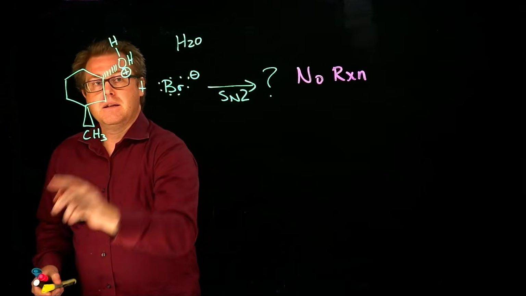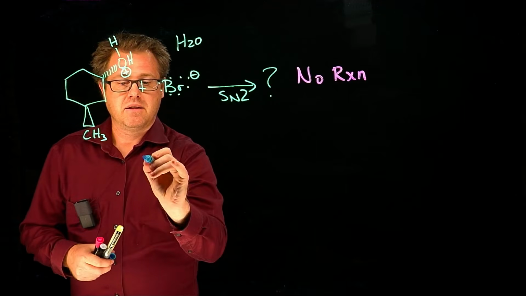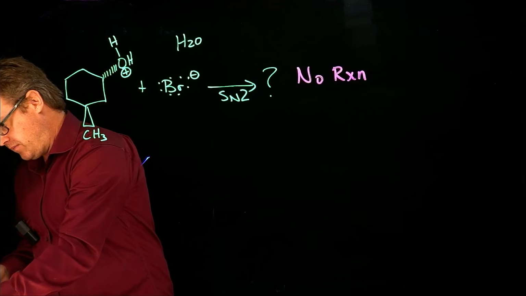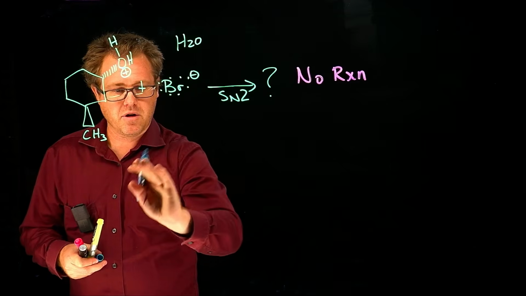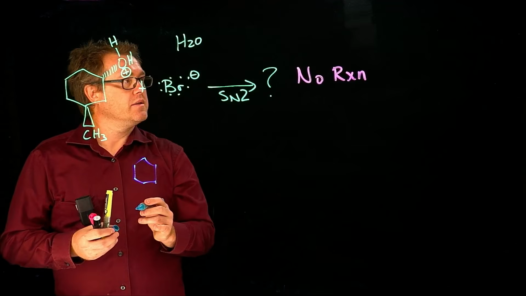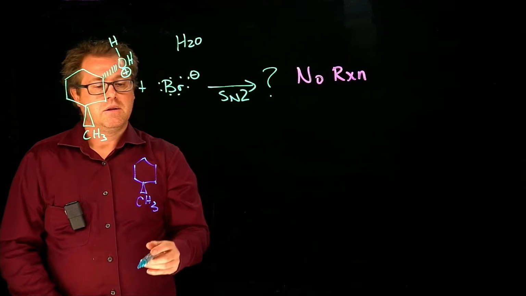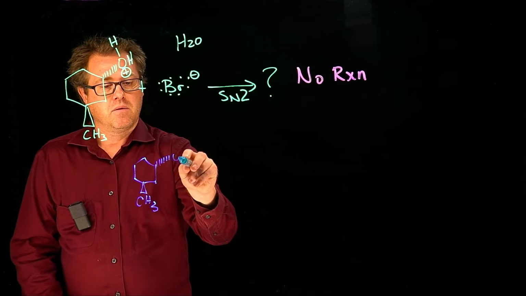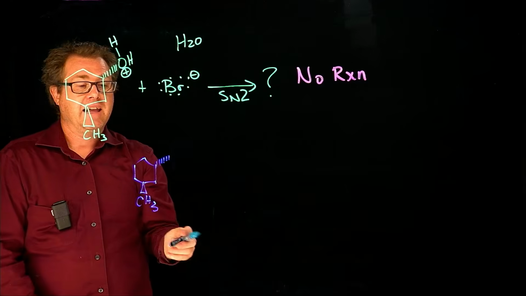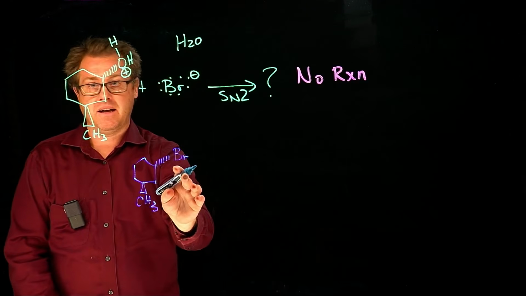So what you can say is when an alcohol is protonated, it's analogous to a halogen like bromine or iodine or chlorine.